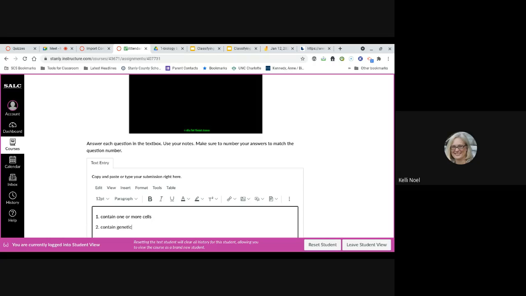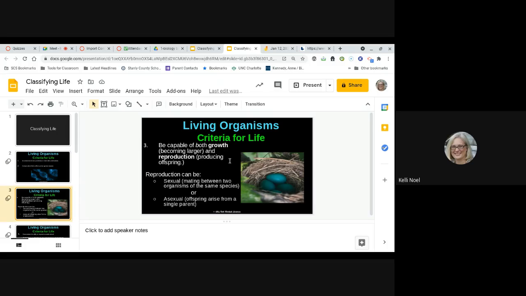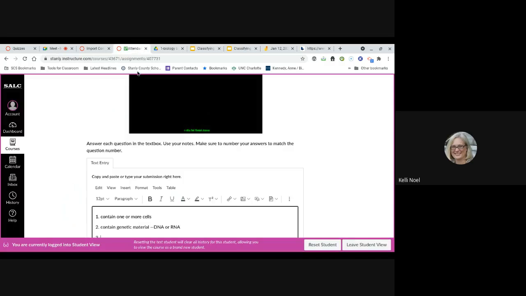Second, contain genetic material, and that is either DNA or RNA. We'll flip back over to make sure I get the ones that were listed. Growth and reproduction, in this case, they put together. Sometimes they'll list them separately. So growth and reproduction.